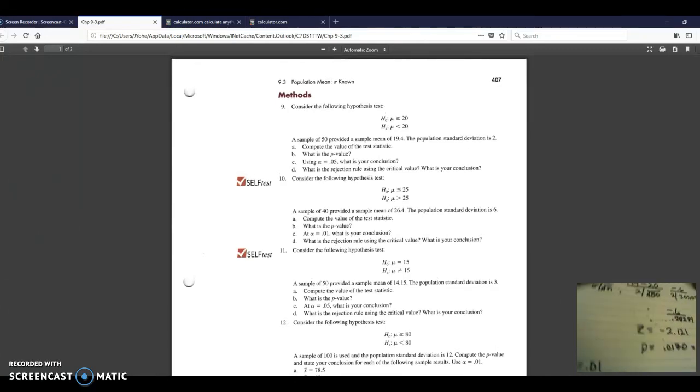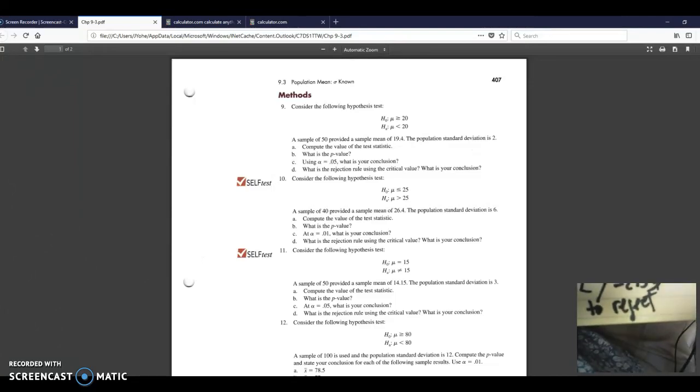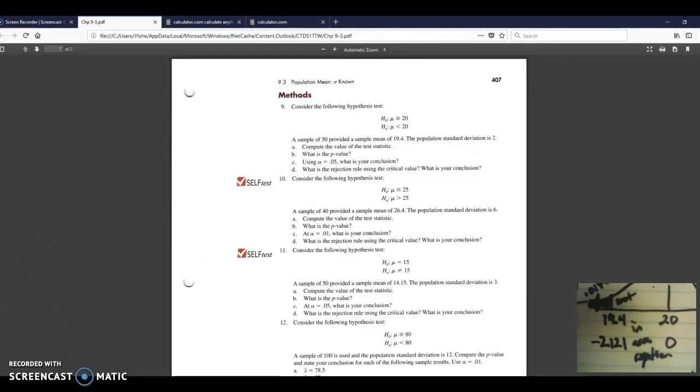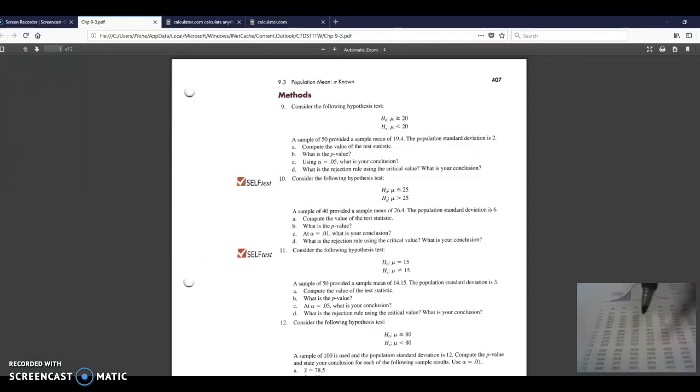Calculate, giving you a look at what we did before. Calculate our z value, our calculated z, which was negative 2.121. And we found out that it was greater than negative 2.33, and it fell to the right of our rejection region. So we failed to reject H naught. Or we can calculate the z, look that z up in the book, negative 2.12.